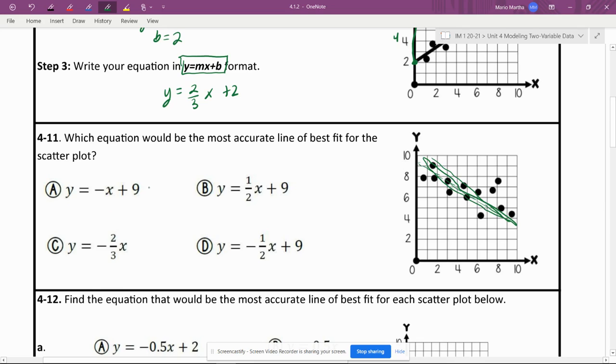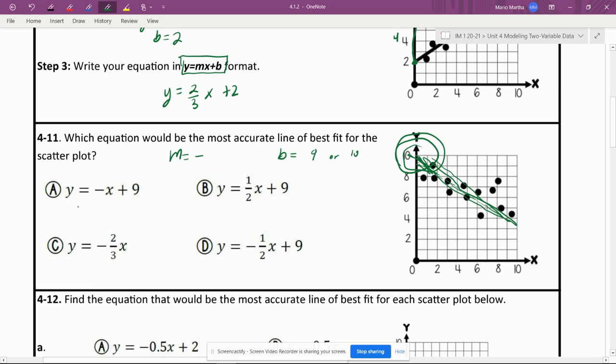We can throw away any option that's not negative, because our slope has to be negative. And then our y-intercept has to be somewhere over here. So maybe positive 10, maybe positive 9, maybe around there. So either 9 or 10, right? It's just a prediction.